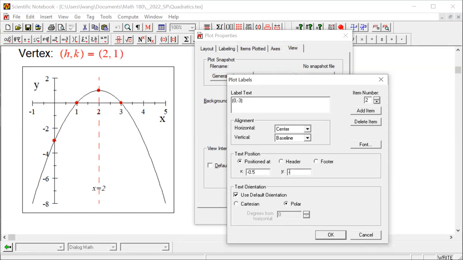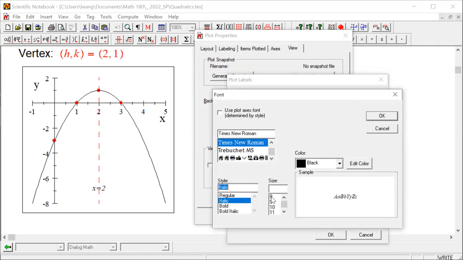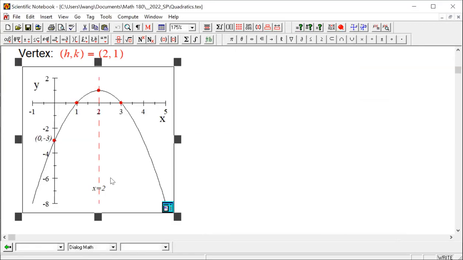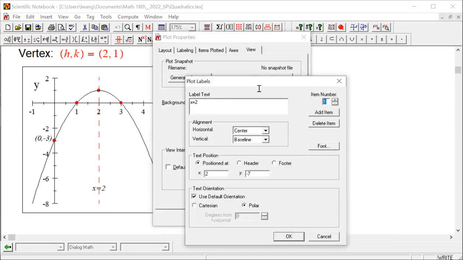And here's the y-intercept, okay? And we have the vertex. The vertex is 2, 1.